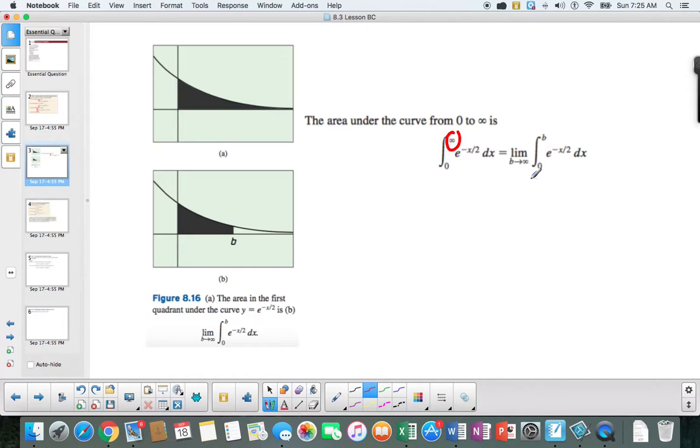But to do that, we're going to have to work with a finite integral. So we do this by replacing the infinity with a b, and this portion right here is a finite integral. We're stopping at b right here, so we have a finite amount of area. And then we allow the limit as b goes to infinity, and then this replaces this right here.